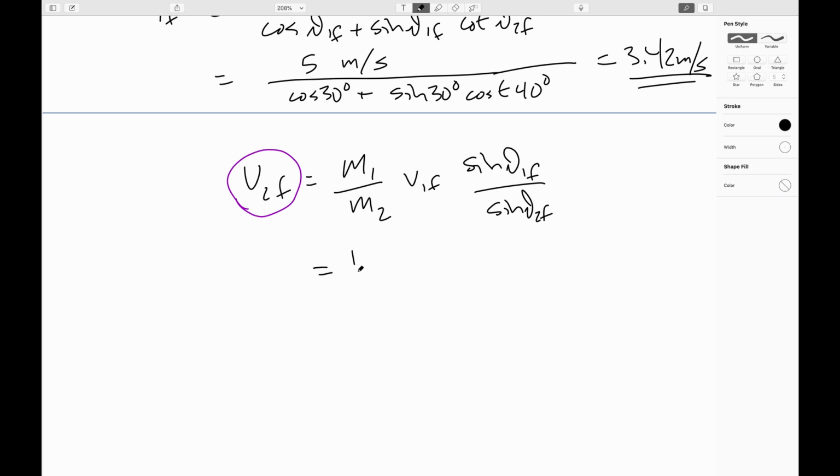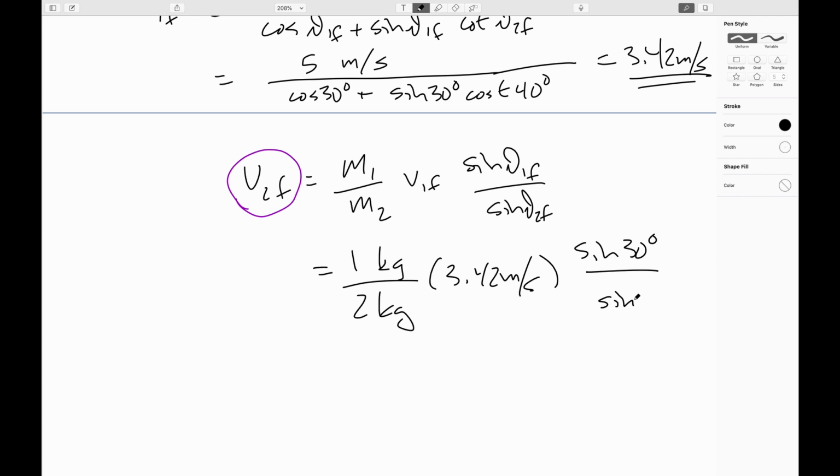So we have 1 kilogram over 2 kilograms, 3.42 meters per second from before, sine of 30 over the sine of 40, and that works out to be 1.33 meters per second. And again, that makes some sense. It's more than 0, it's less than 5. So that seems pretty sensible there.